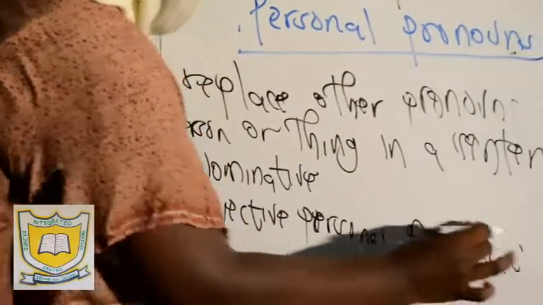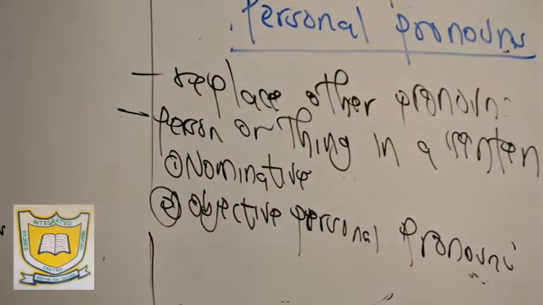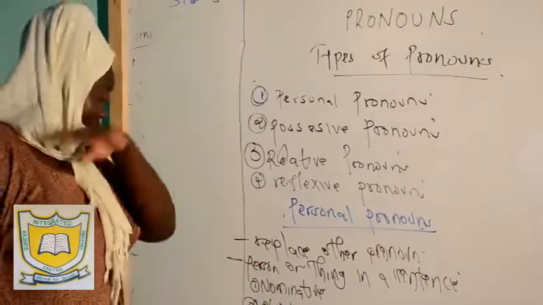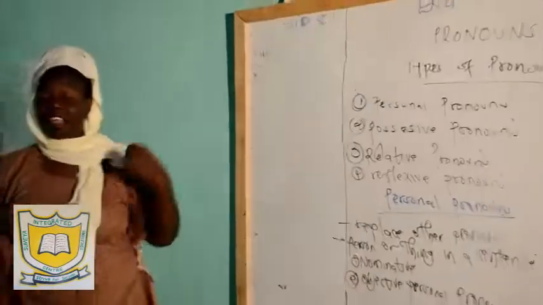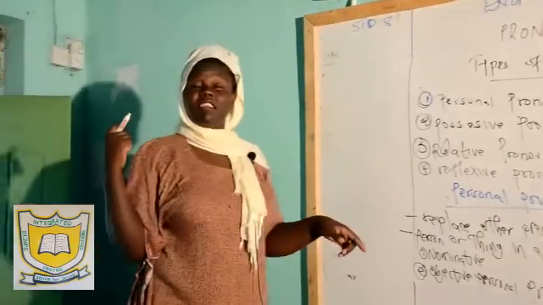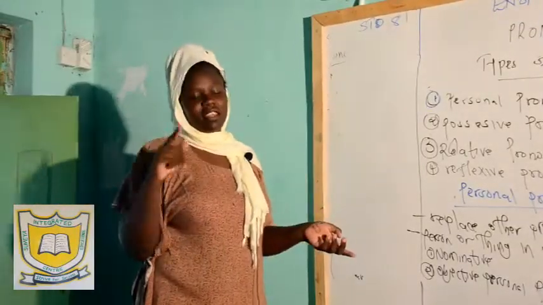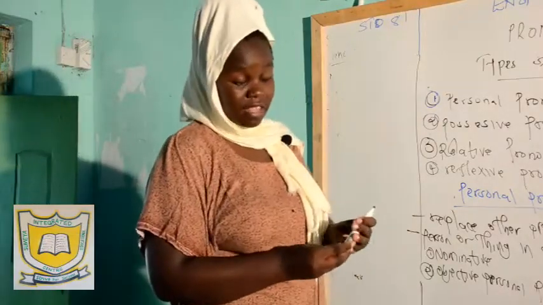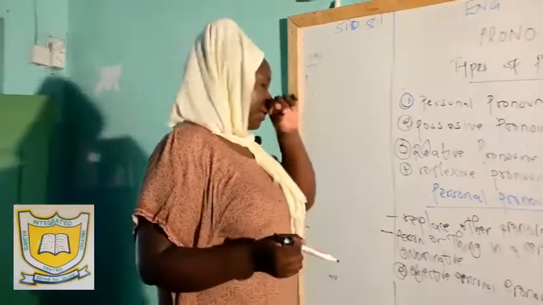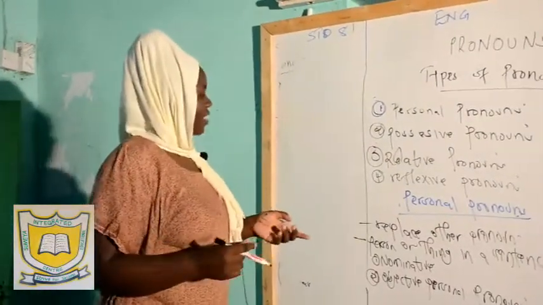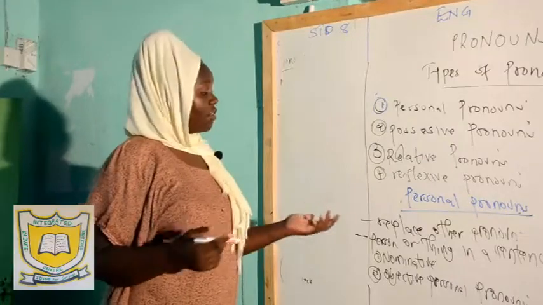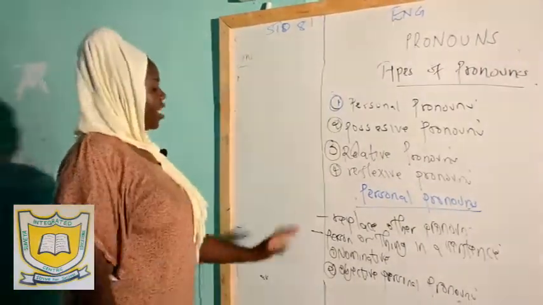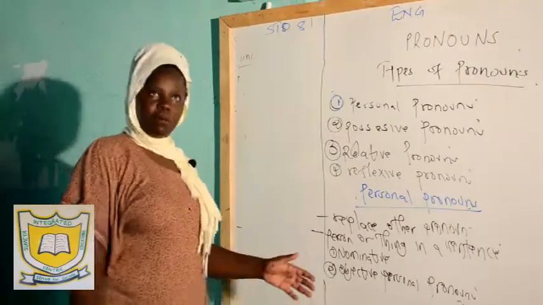If someone asks you about nominative and objective personal pronouns, it's very important that a child in class 8 knows when to use nominative pronouns and when to use objective pronouns in a sentence. Because trust me, if you don't know, you are not going to come up with the correct answer if it's asked in an exam. So personal pronouns replace other pronouns in a sentence, and they are further subdivided into two groups: nominative and objective.